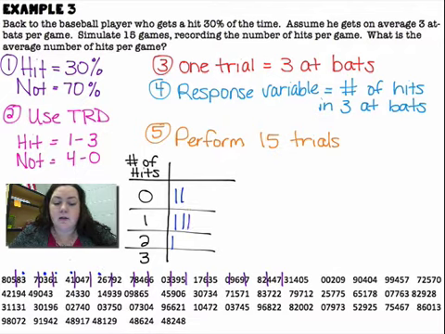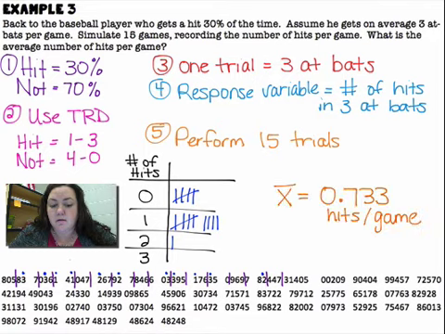Then 1 hit. Then 1 hit. Then 0. Then 1. Then 1 again. Then 1 again. 1 again. 0. 1 again. 0. So that was 15 trials.